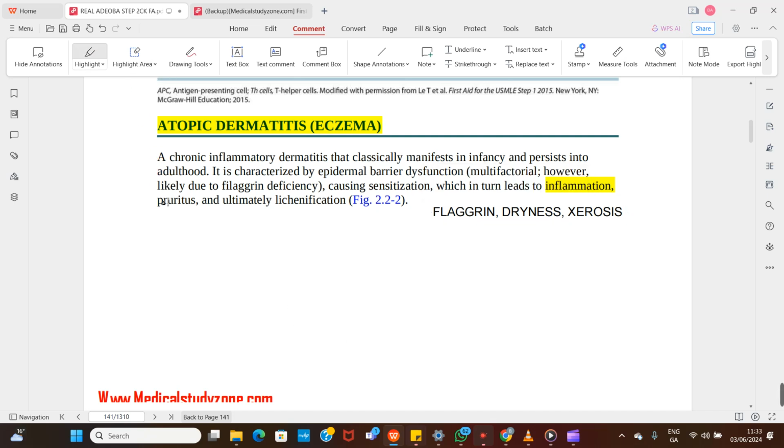So atopic dermatitis is very pruritic. And if something is pruritic, it will keep scratching, scratching, and scratching, leading to hypertrophy of that skin, hyperpigmentation of that skin, and lichenification at the end of the day.